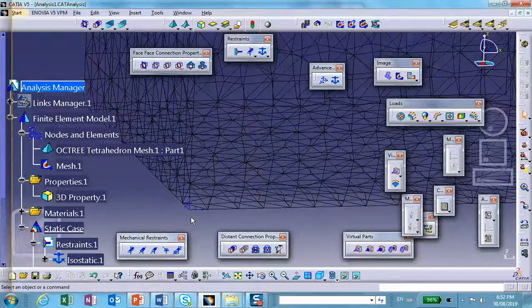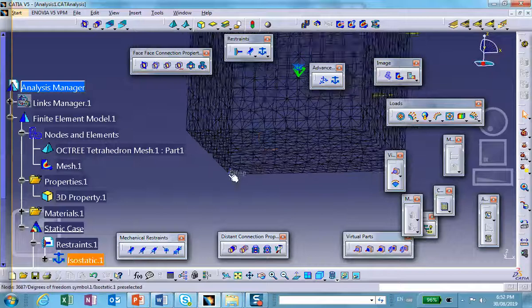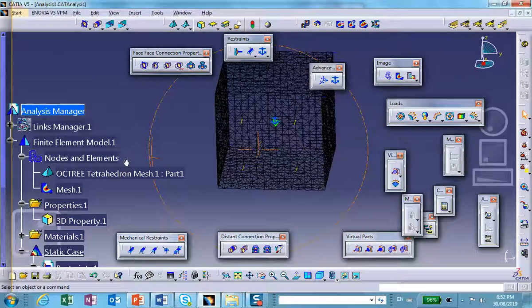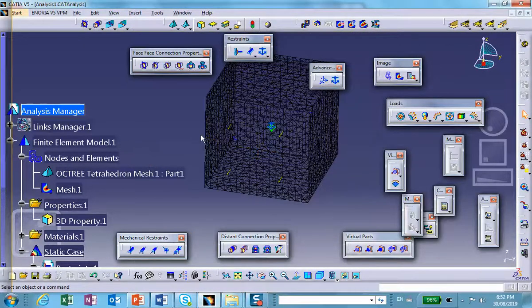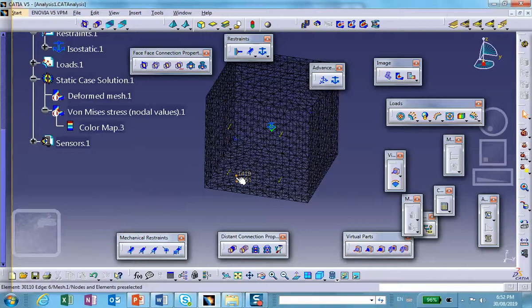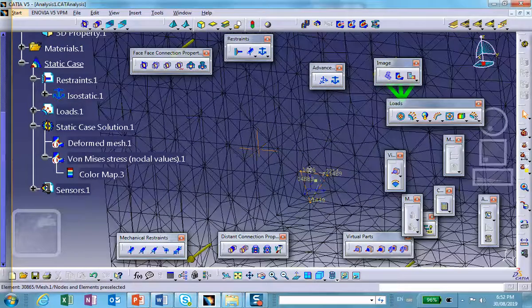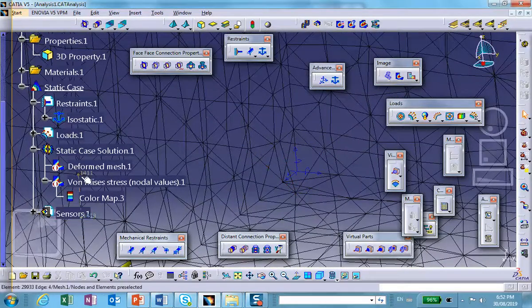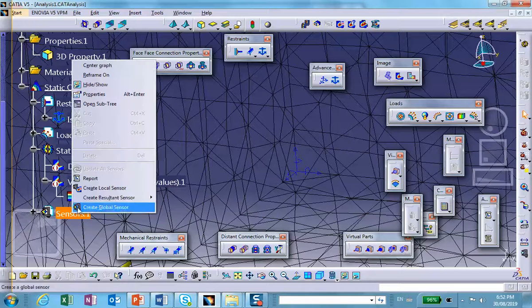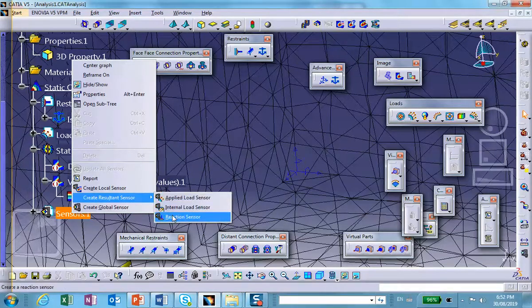Okay, good. So the question becomes, physically, what happened? Because this block was subject to a load that made it, in principle, accelerate. First of all, if you try to find out what the reaction forces are at these ends, see that? It automatically created these restraints here, the 1, 2, 3 restraints. If you go here and say show me the reaction sensor, it's going to refuse.